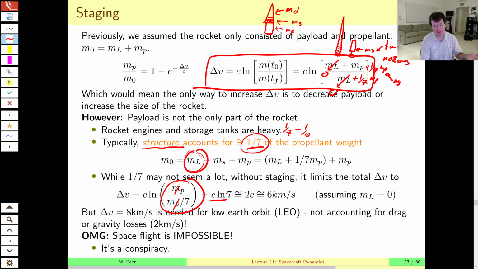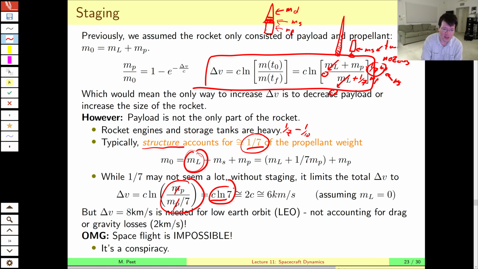So if we have no payload at all, then the total delta V of the rocket is going to be limited to, and here of course we've neglected the structural mass up here.